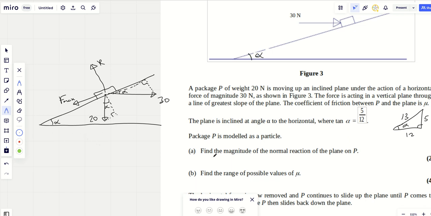Now, what are we doing here? We're finding the magnitude of the normal reaction on P. If we equate perpendicular to the slope, we're going to have R equals 20 cos alpha plus 30 sine alpha.